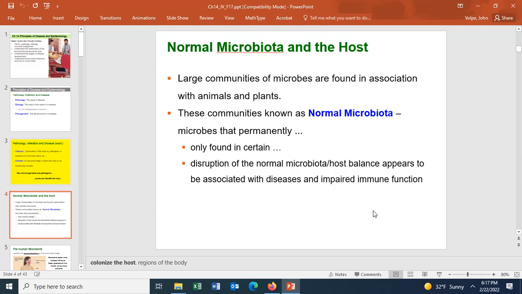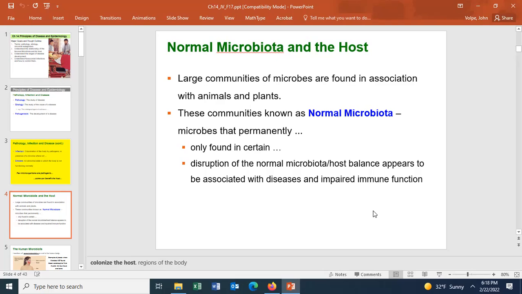For example, a child who's born would initially not have Staphylococcus epidermidis on their skin, but as soon as their skin touches the mother's skin during birth, the child will pick up Staphylococcus epidermidis as part of their normal microbiota. And generally, the child will have Staphylococcus epidermidis for their lifetime.